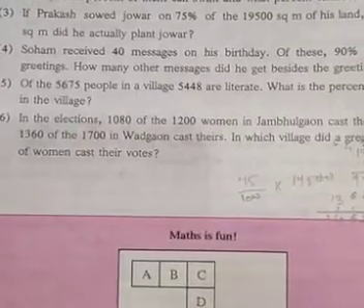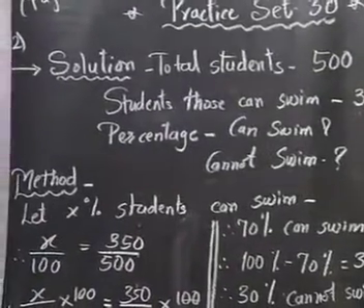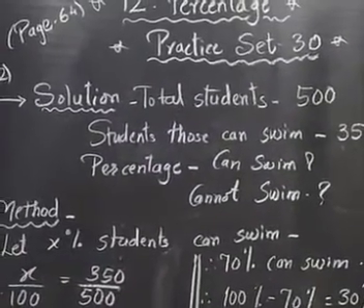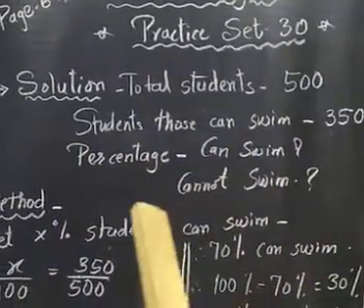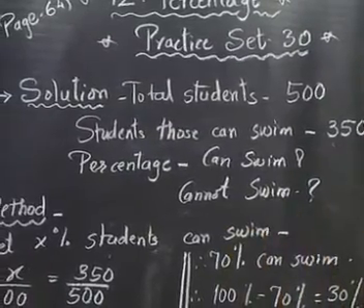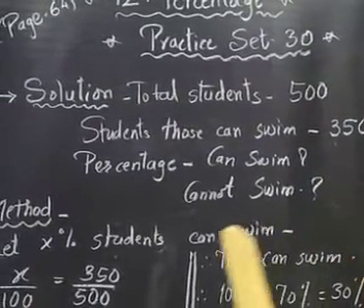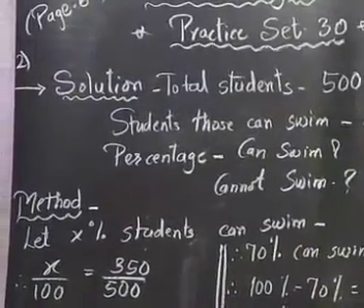So let us see on the board then. So see on the board, second one, solution. Total students 500. Students those who can swim 350. And what is percentage of students who can swim and cannot swim? That is to be found out. So method.